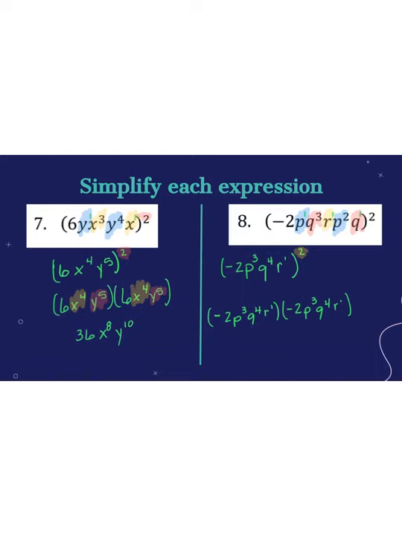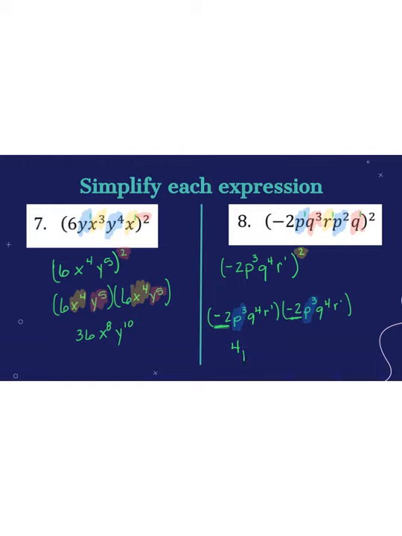I'm going to start with my coefficient. So I have -2 times -2. Remember, a negative and a negative turns into a positive. So that's going to give me a +4. And then I'm going to look at each one of my letters. I have 3 p's right here and 3 p's right there.